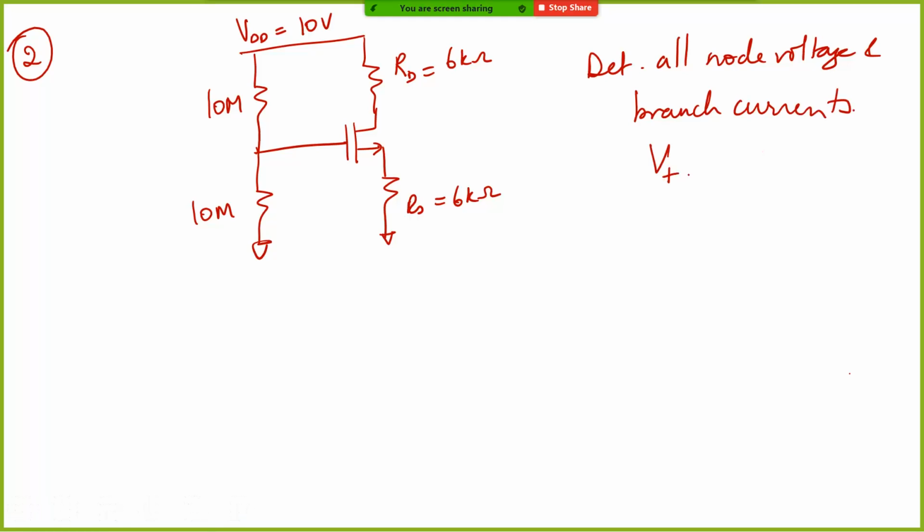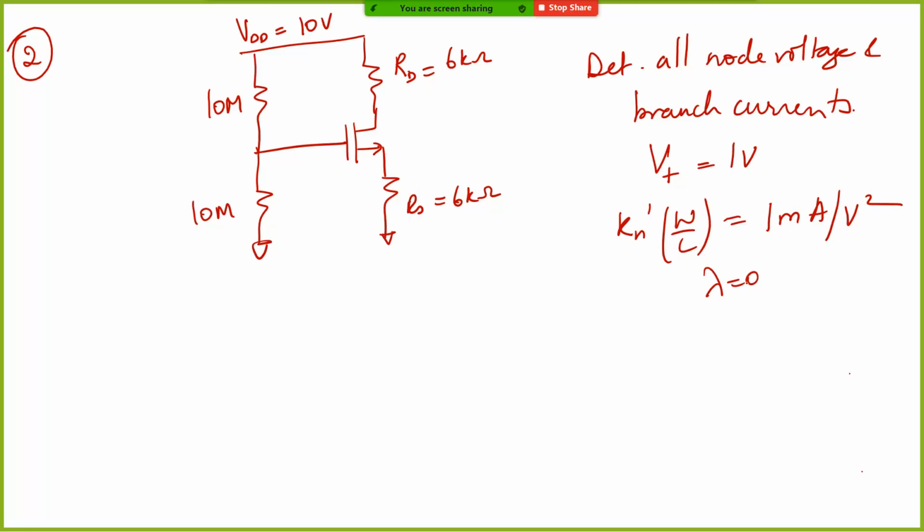The threshold voltage is given as 1 volt. Kn dash into W by L is given by 1 milliamp per volt squared. Lambda can be taken as 0. As I mentioned, Kn dash is nothing but mu and Cox, so that into W by L, the whole thing is given by 1 milliamp per volt squared.